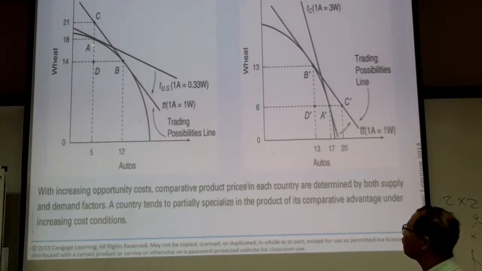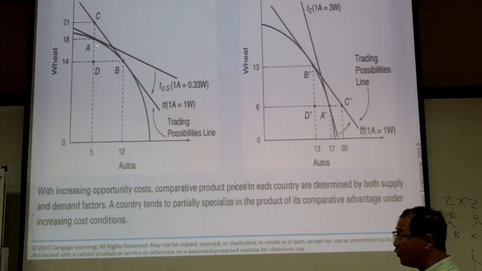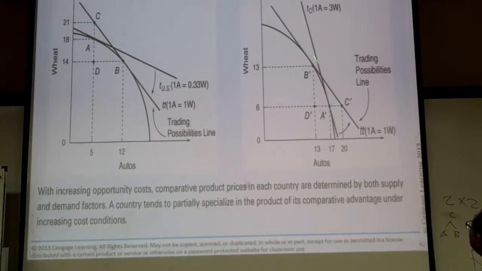This is the opportunity cost before trading. Very low opportunity cost for producing auto. This one is very steep. Here, 3 autos must be sacrificed in terms of production. This one only 0.33. Did I say auto? Wheat, sacrifice 3 wheats here. 0.33, not even 1 wheat must be sacrificed in this.